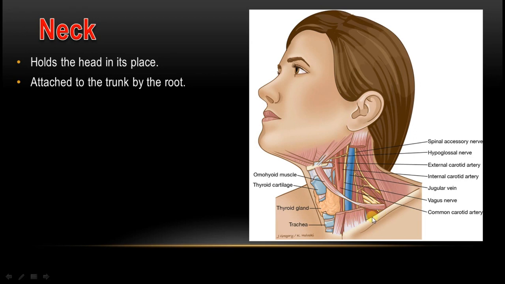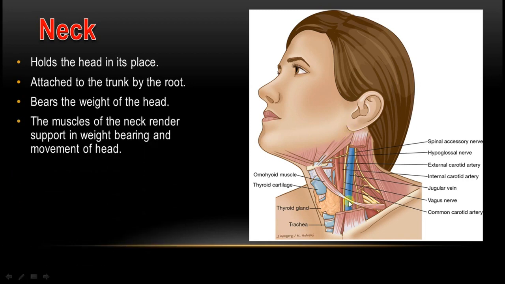Through the root of the neck, most of the blood vessels enter or leave the neck, from the thorax to the neck or from the neck to the thorax. Okay. Not only blood vessels, most of the nerves, especially the brachial plexus, go from the neck to the upper limb as they pass through the root of the neck.